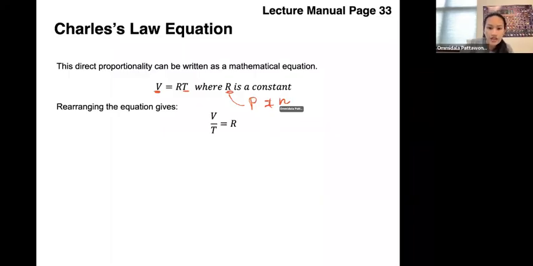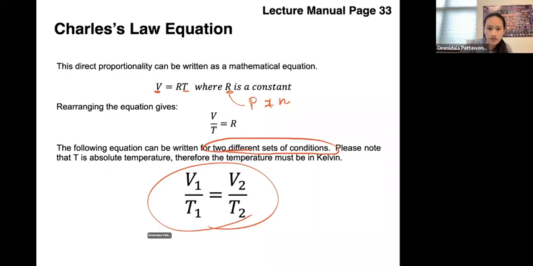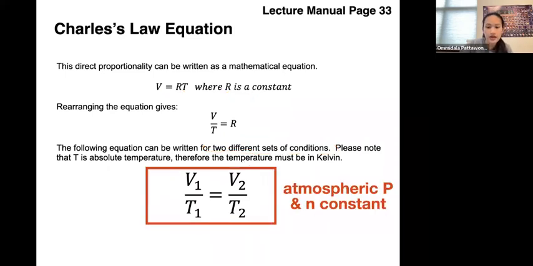If you rearrange this so that the constant is by itself, you will see that if you have two sets of conditions, you get V1 over T1 equals V2 over T2. So this is going to be used in the two-set-of-conditions type problem. Again, this is when atmospheric pressure and number of moles are constant.